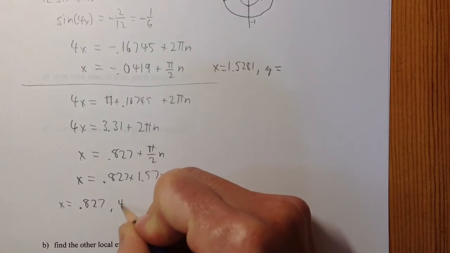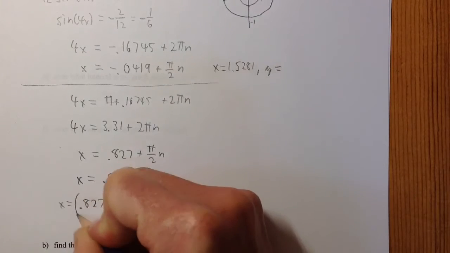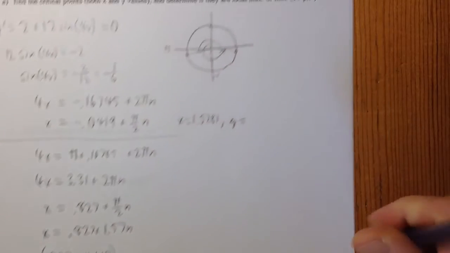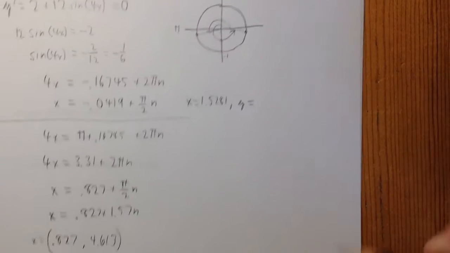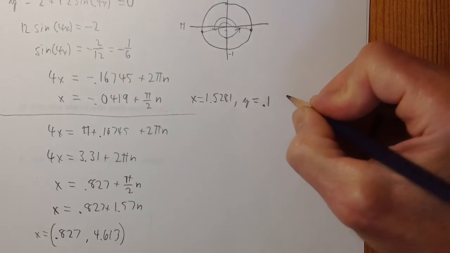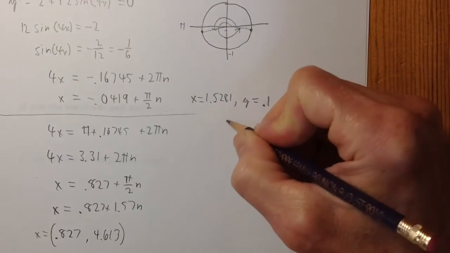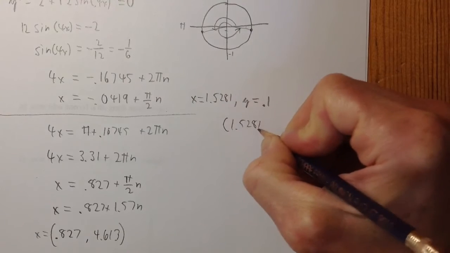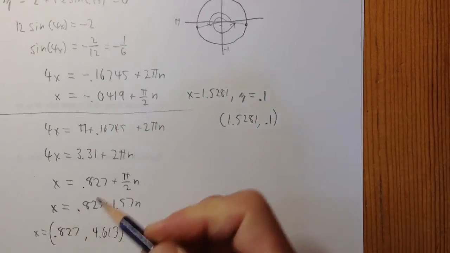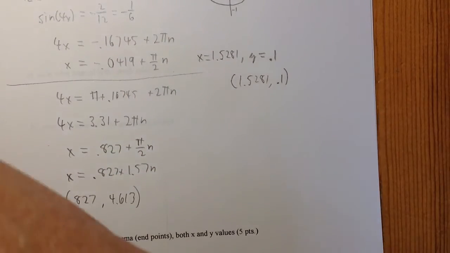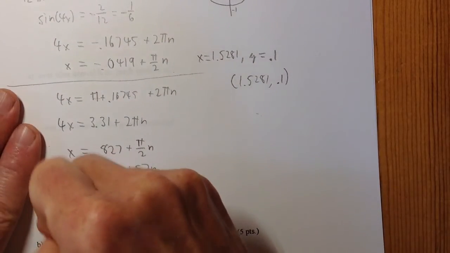Y is 4.613. So that's my point. And then when x is 1.5, and I'm looking at Desmos to do this because it's a lot easier, I get that y is 0.1. So our point here is 1.5281, comma 0.1. Okay, those are our points. So I'm going to circle those.